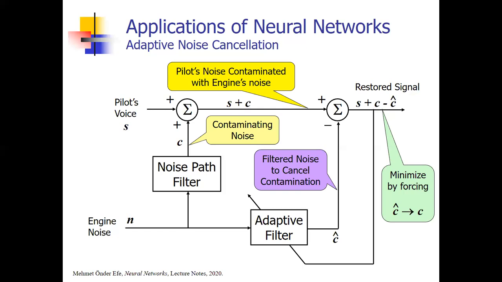Okay? The good idea here is that if this adaptive filter identifies the noise path filter, then C is equal to C hat, and I will hear the noiseless pilot voice.